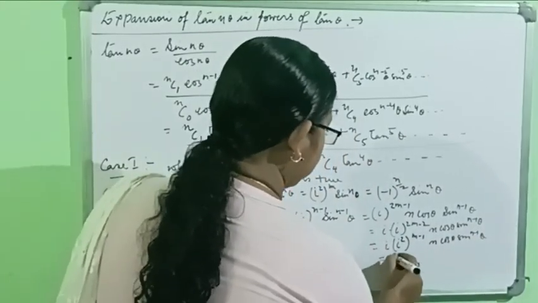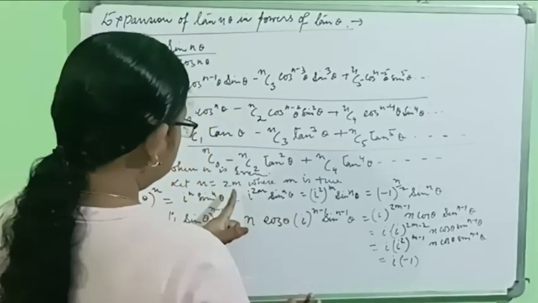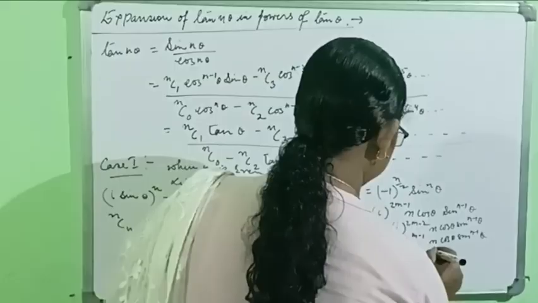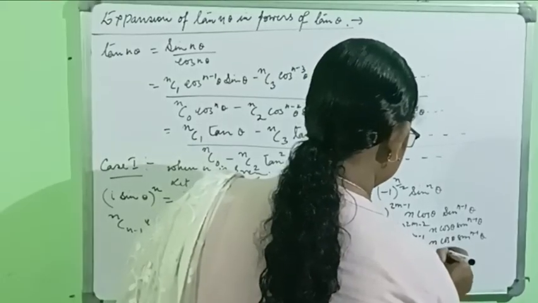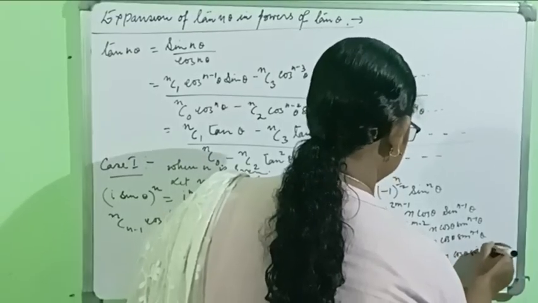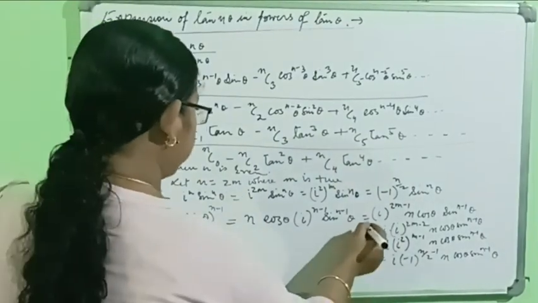This is equal to (i^2)^(m-1), and i square is minus 1. m is n by 2, so it is (-1)^(n/2 - 1) cos theta sin^(n-1) theta.